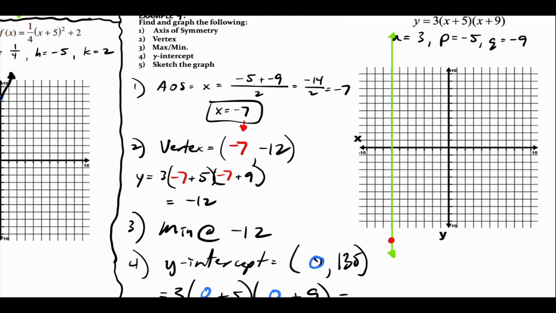Very narrow, right? It's got to connect way up there. So that thing's going to be super skinny. So we're just going to sketch a skinny graph. Since it's not on our graph, we'll just do the best we can. And you're done.